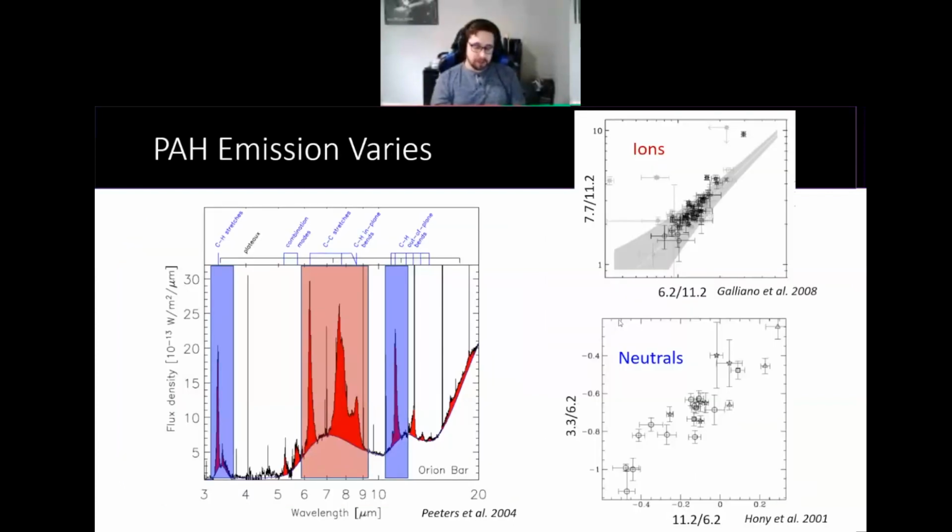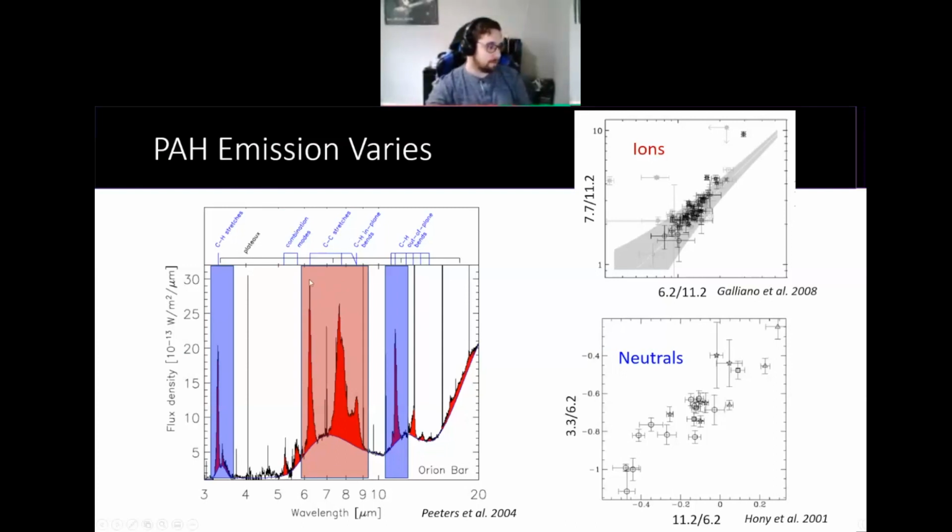So these emission bands aren't static. They vary spatially within the sources and in between sources. But generally, you can break them into 2 major groupings based on the ionization state, so the PAH charge.